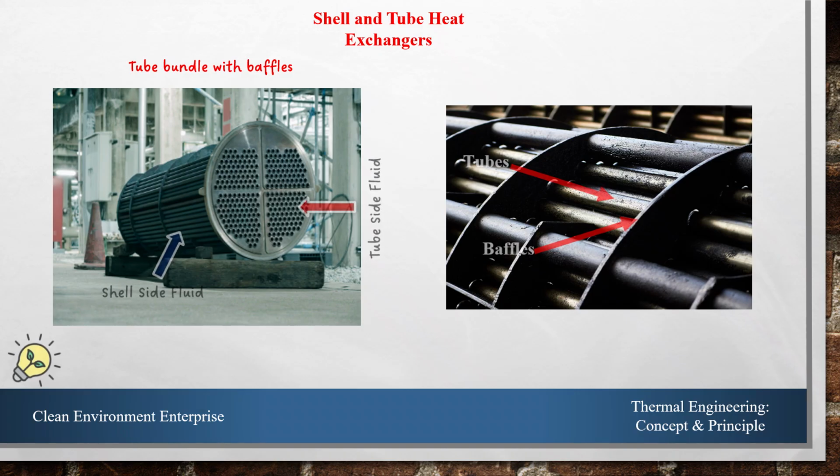For example, this is a part of a heat exchanger of the shell and tube type. And on the shell side, there was oil which passed through this heat exchanger, and the tubes are shown, and these tubes are supported by the presence of baffles.